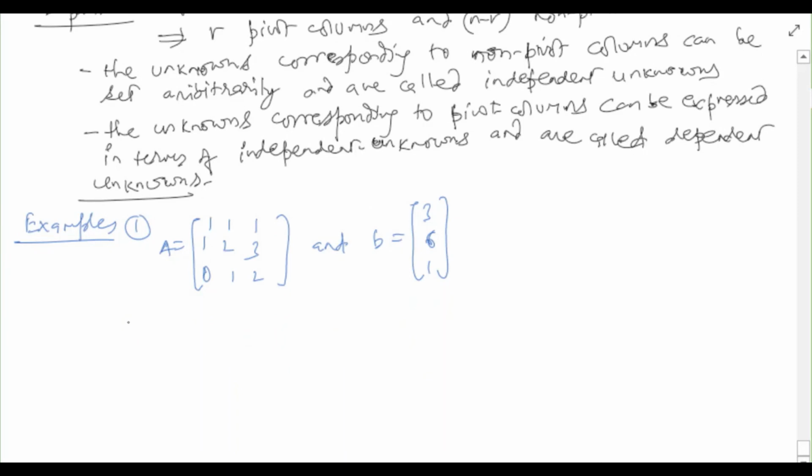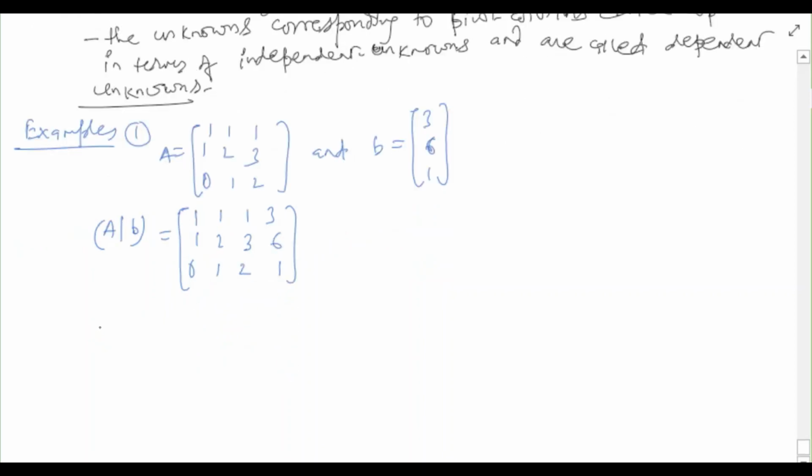In this case, the augmented matrix AB is 1 1 1 3, 1 2 3 6, 0 1 2 1.